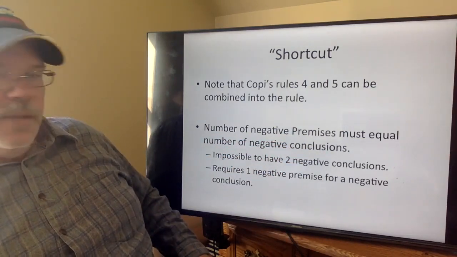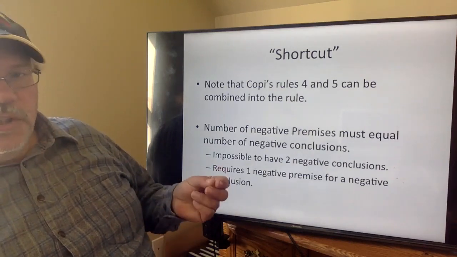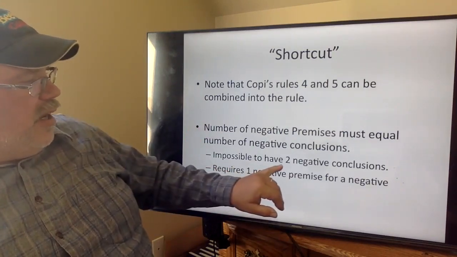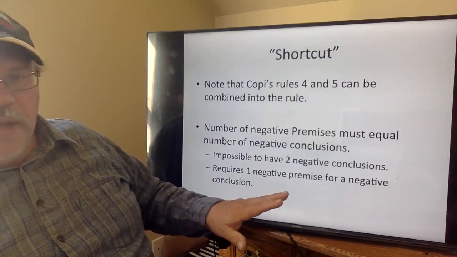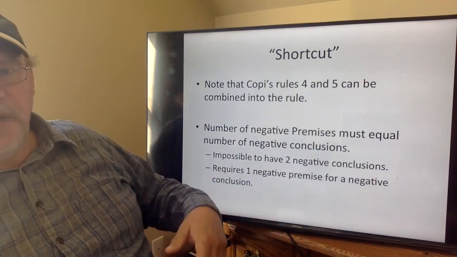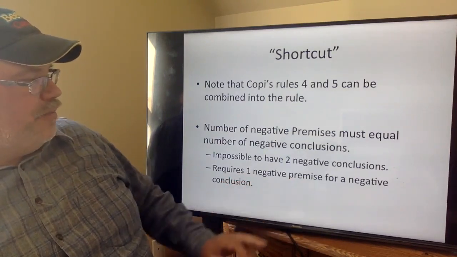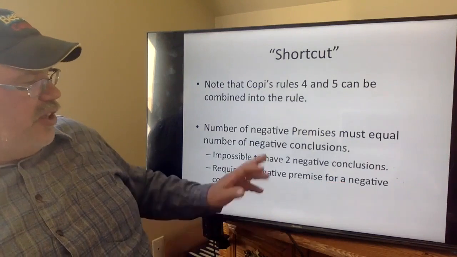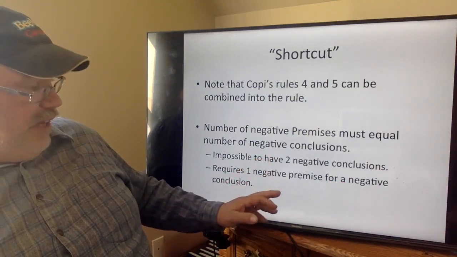So let's think that through. How many conclusions can you have? At most one. So if you've got two negative premises, you're automatically invalid because you can't have two negative conclusions. If you've got one negative premise, then you need a negative conclusion. If you have zero negative premises, you can have zero negative conclusions.